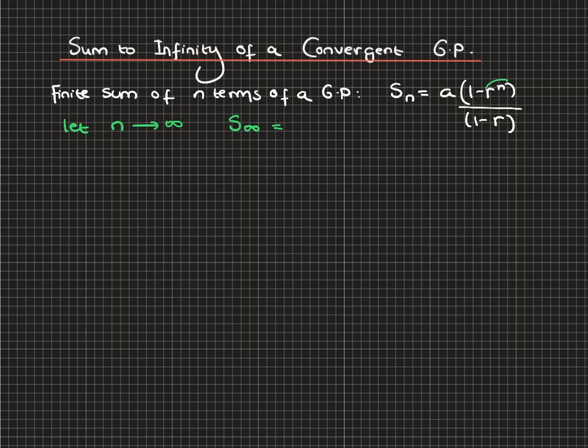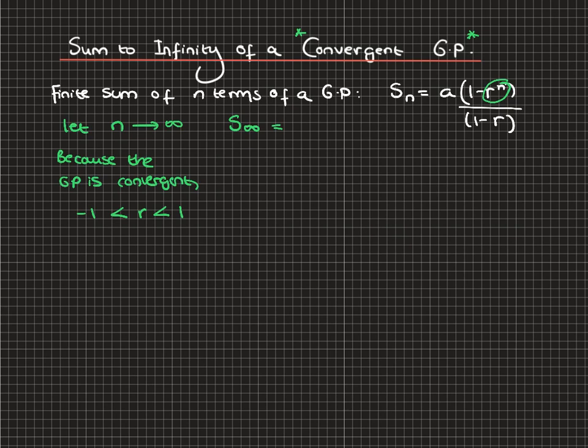Now, what's going to happen here when we allow n to approach infinity? Well, the interesting thing is what's going to happen to r to the power of n. Now, because we are looking at a convergent geometric progression, we know that r is between 1 and -1.